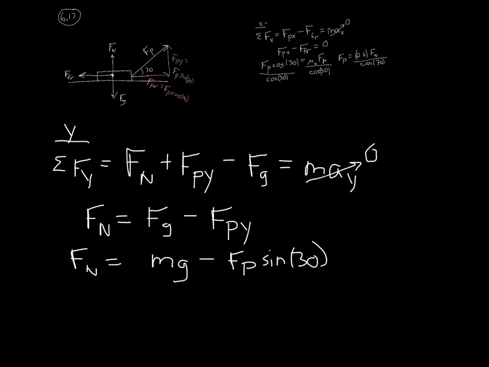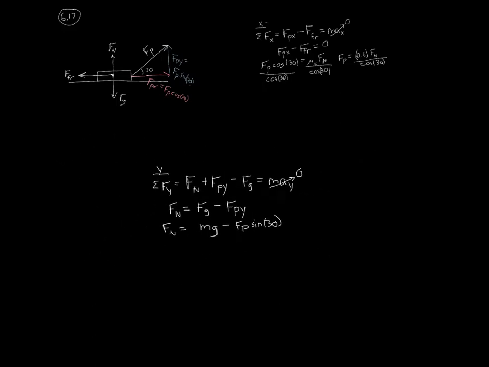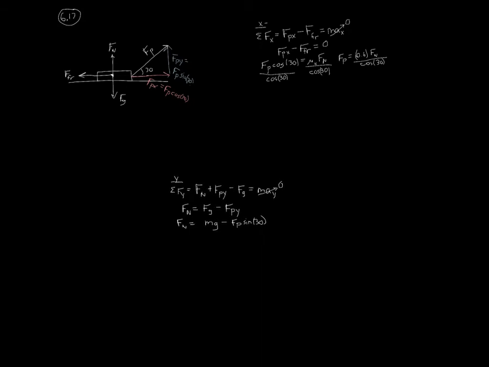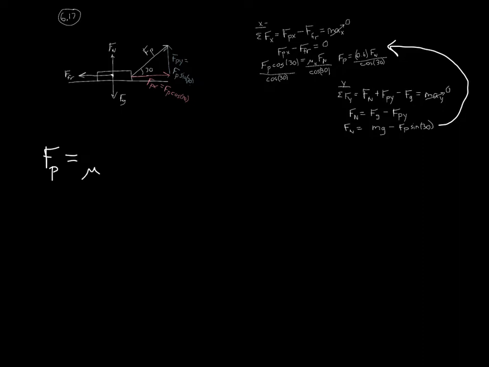Okay, so now I have an equation for Fn, don't I? So I can take that equation and plug it in to the previous equation that I had. So this goes right in there. So now I have Fp is equal to mu, which is 0.6.